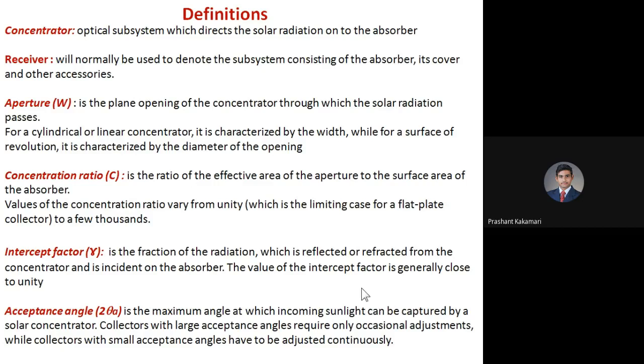To make it a concentrating collector, we add a number of mirrors or reflectors on the sides of the flat-bed collector, by which it is possible to increase the amount of solar radiation falling on the absorber plates.